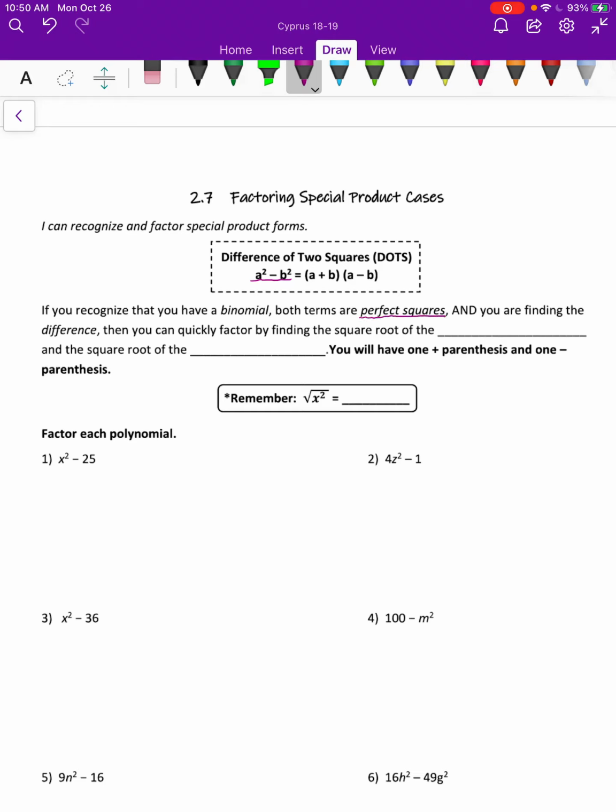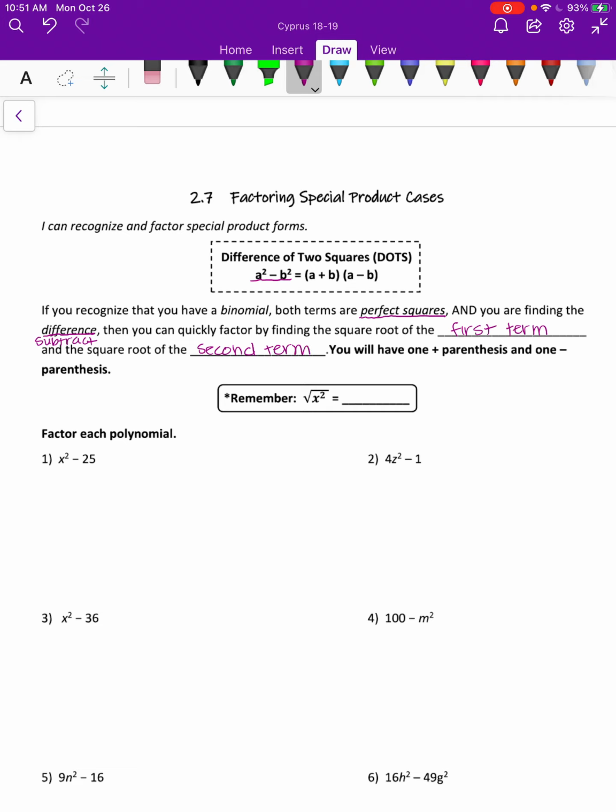Remember how we filled out that giant table full of perfect squares? And you are finding the difference, which means subtraction, right? Then we can use a quick pattern to find the factored form, and our factored form will be finding the square root of the first term and the square root of the second term.